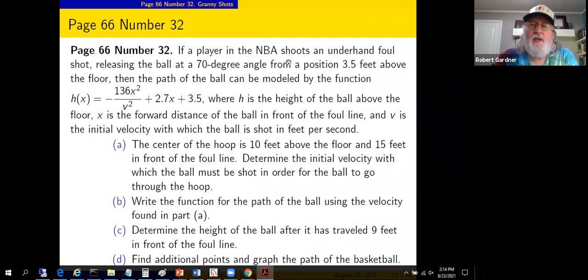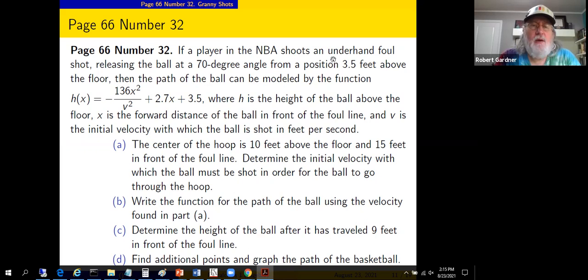If a player in the NBA shoots an underhand foul shot, releasing the ball at a 70-degree angle from a position 3.5 feet above the floor, then the path of the ball can be modeled by the function h of x equals negative 138.6 x squared divided by v squared plus 2.7x plus 3.5, where h is the height of the ball above the floor, x is the forward distance of the ball in front of the foul line, and v is the initial velocity with which the ball is shot in feet per second.